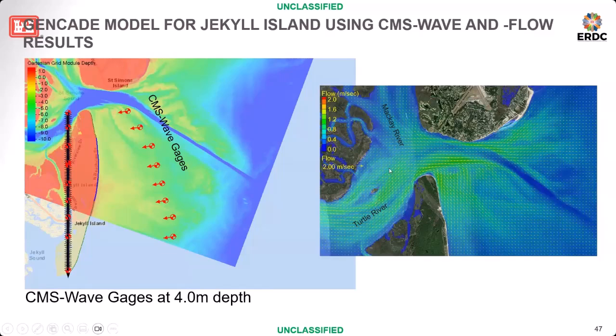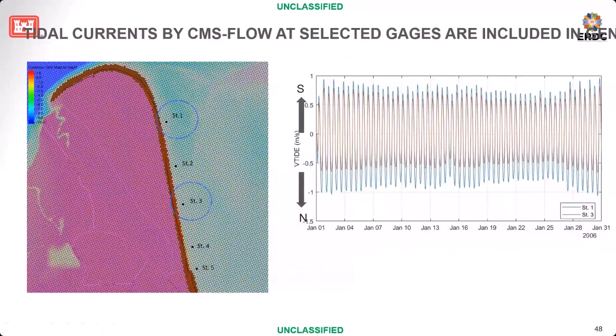This simulated current snapshot is during a flood tide. After several tests, we realized that without the tidal current, you won't have results that match reality. So we run CMS and output wave and also current in this area.